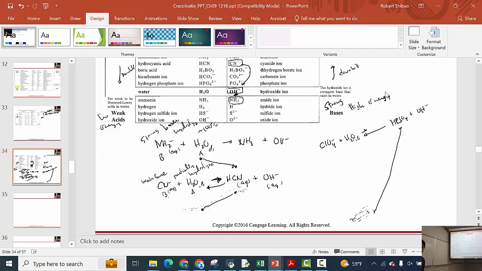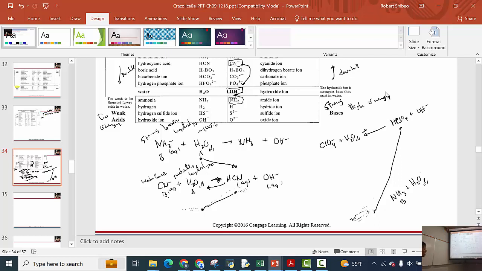So if I have a base like, let me grab a base like ammonia here. Which of the three scenarios is it? Well, we know bases hydrolyze water. And so if ammonia hydrolyzes water, what do we form? We're going to call it a base. Ammonia could act as an acid too.